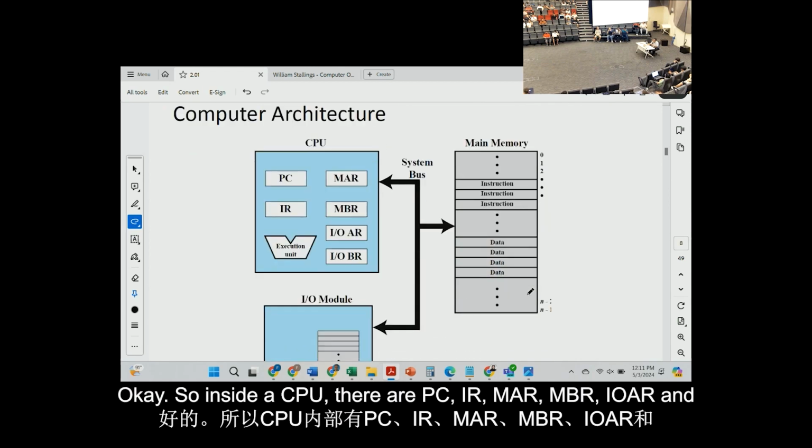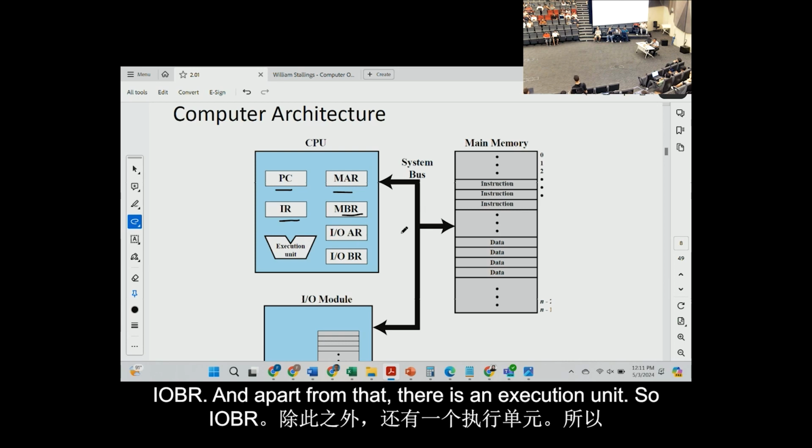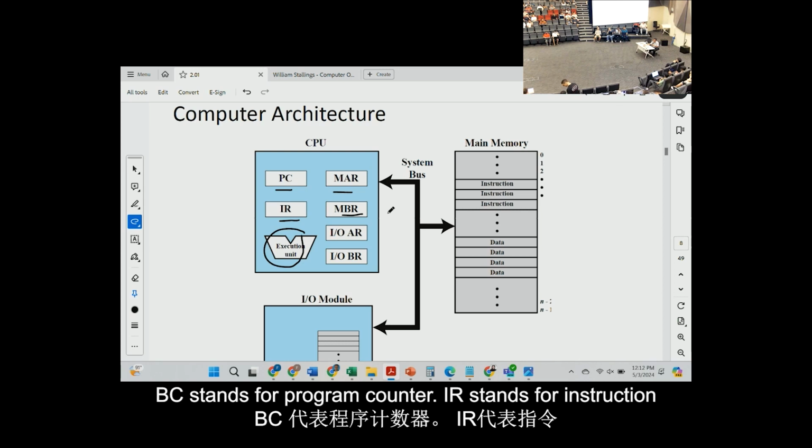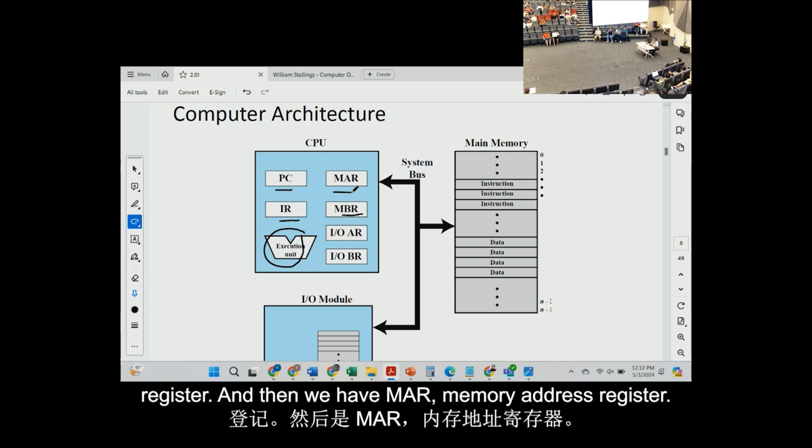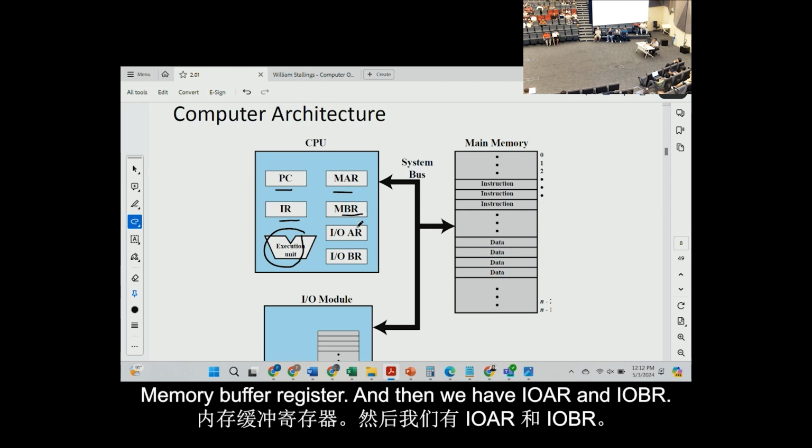Inside a CPU, there are the PC, IR, MAR, MBR, IOAR, and IOBR, and apart from that there is an execution unit. PC stands for program counter, IR stands for instruction register, MAR is the memory address register, then the memory buffer register, and then IOAR and IOBR.